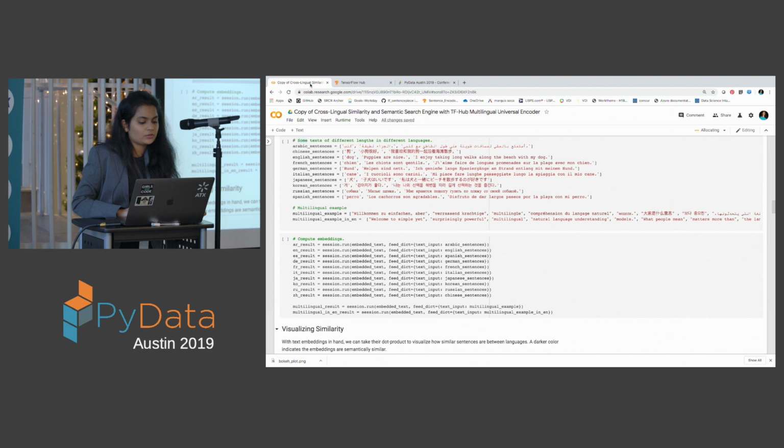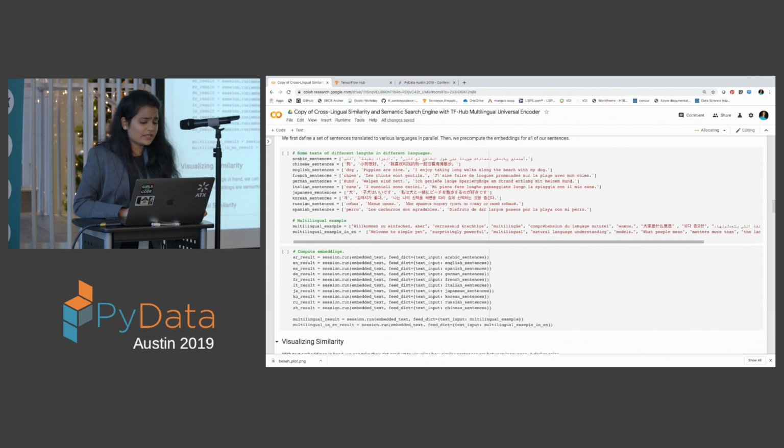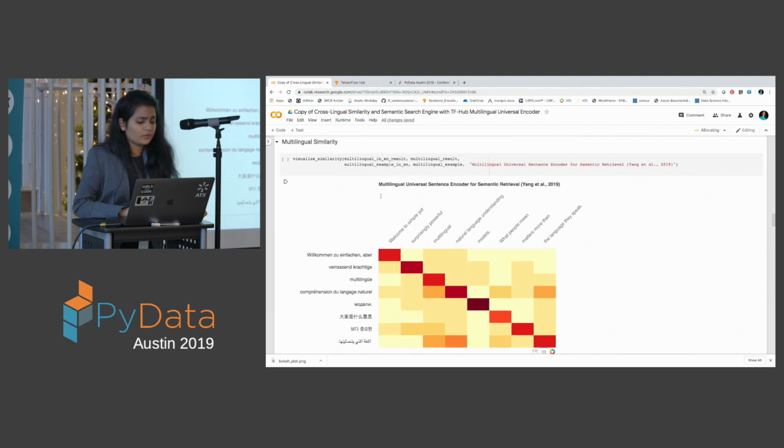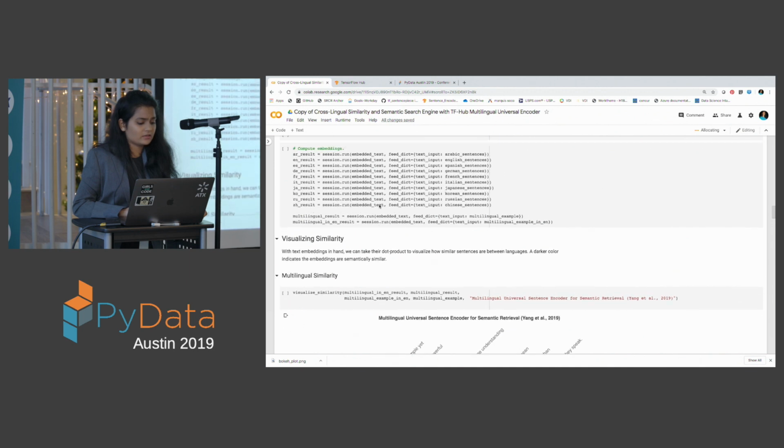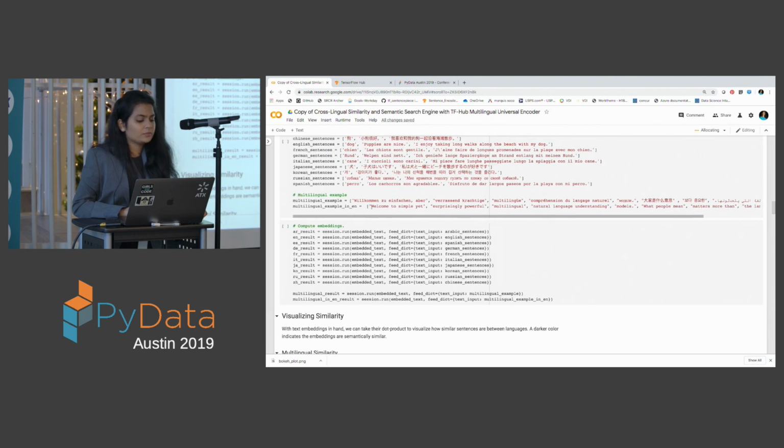I just want to take you through this Colab notebook for Universal Sentence Encoder. This is the example that I was showing you earlier, where you are just passing in sentences like this. So welcome to simple yet is, and then the German equivalent of that, and then so on.